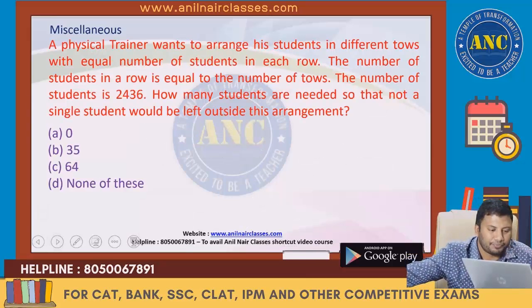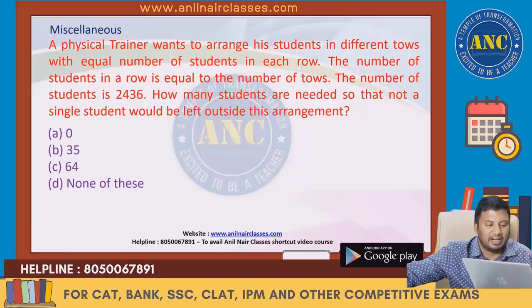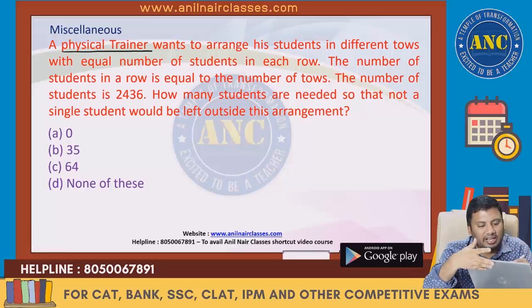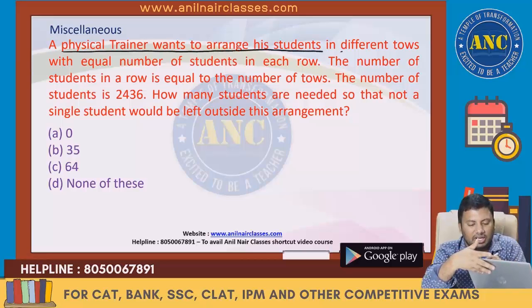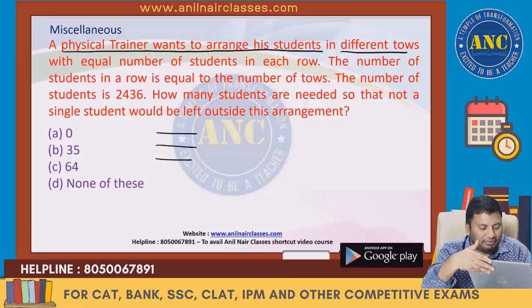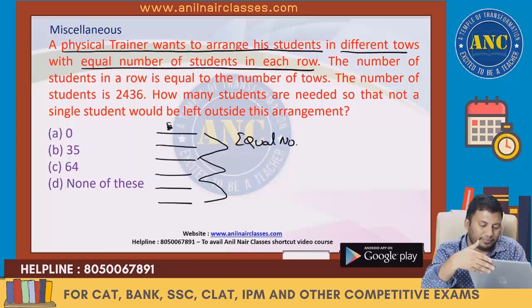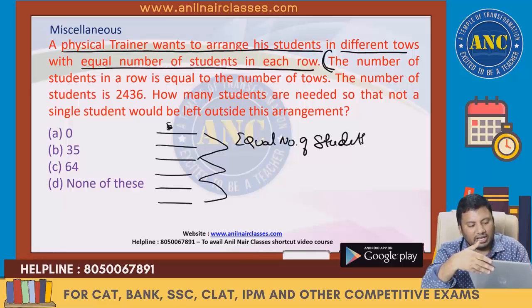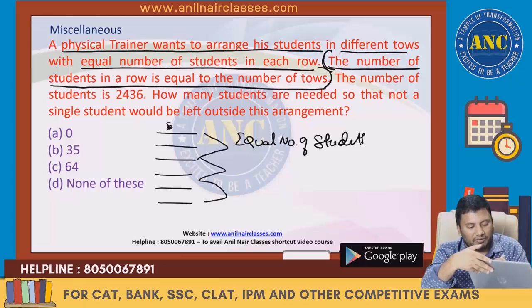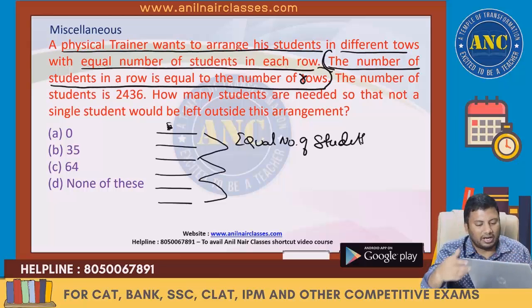Next one. A physical trainer wants to arrange his students in different rows. Read the question, sir. In different rows, he wants to arrange with an equal number of students. This is the catch. The number of students in a row is equal to the number of rows.